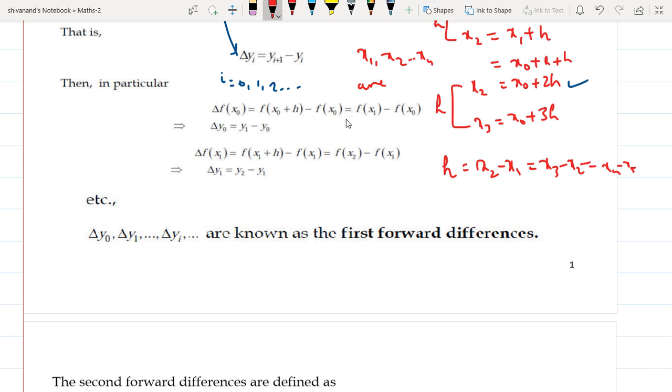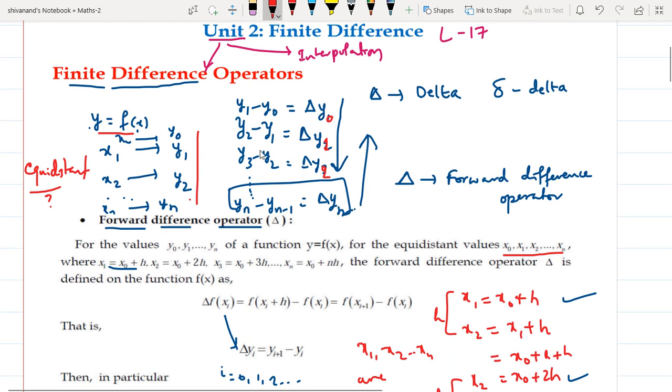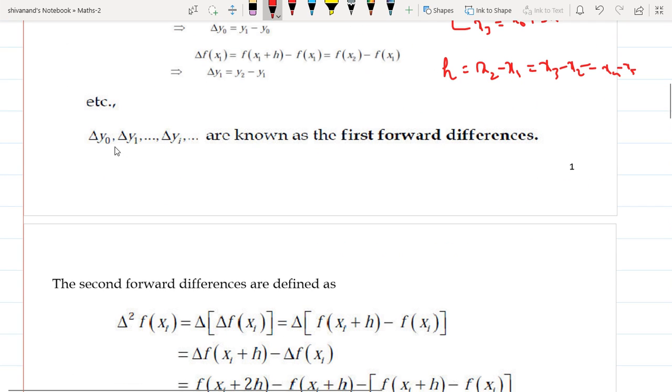So what is delta f of x0? f of x0 plus h minus f of x0, that is f of x1 minus f of x0. f of x1 is nothing but y1 and f of x0 is nothing but y0. Therefore delta y0 is given by y1 minus y0 and delta y1 is given by y2 minus y1. As we have seen here, y2 minus y1 is delta y1 and so on. This is called the first forward difference.